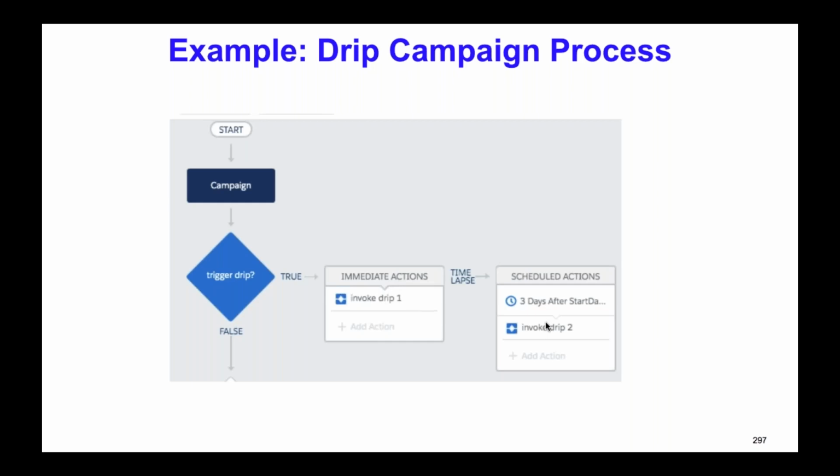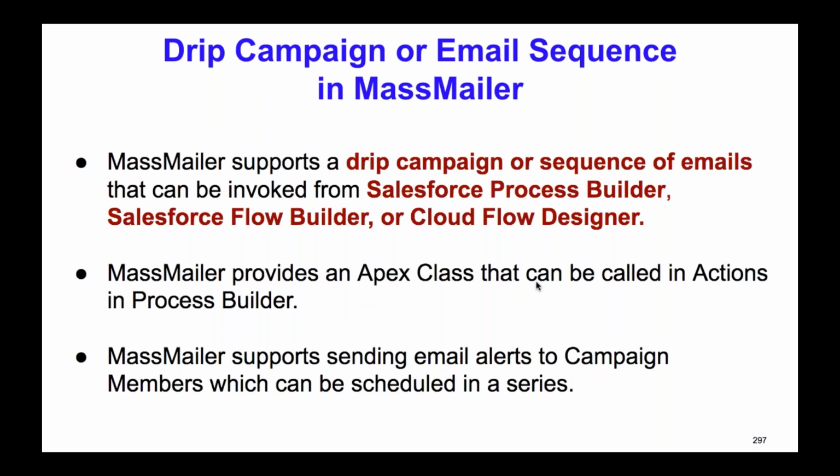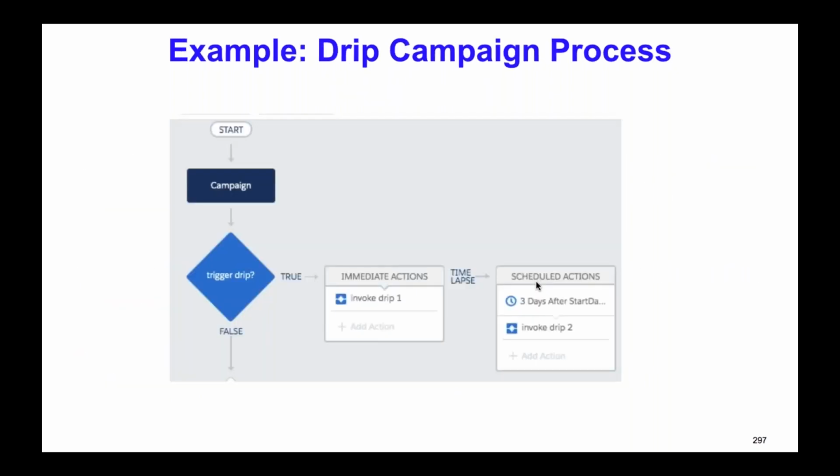And then after a few days or few hours, it all depends on when you want to schedule it. Salesforce is at least flexible in that matter. So you can invoke drip two. That is a scheduled action after 3 days in this example. Again, Salesforce process builder is flexible, so you can choose any days as the gap or the time lapse.